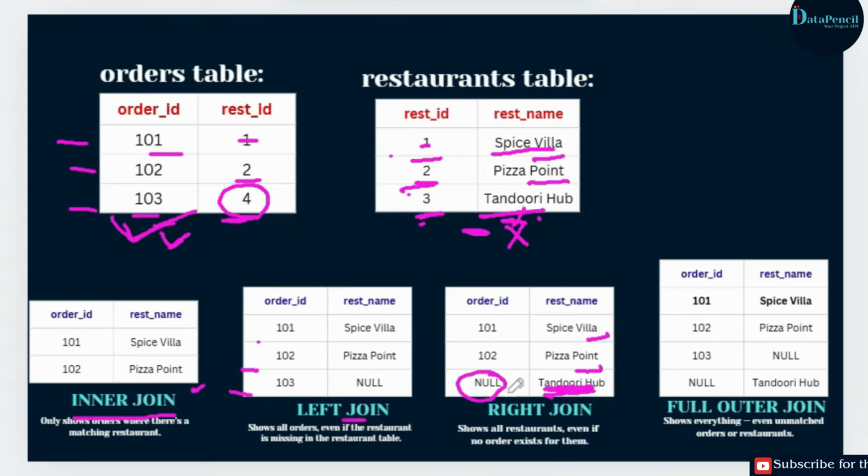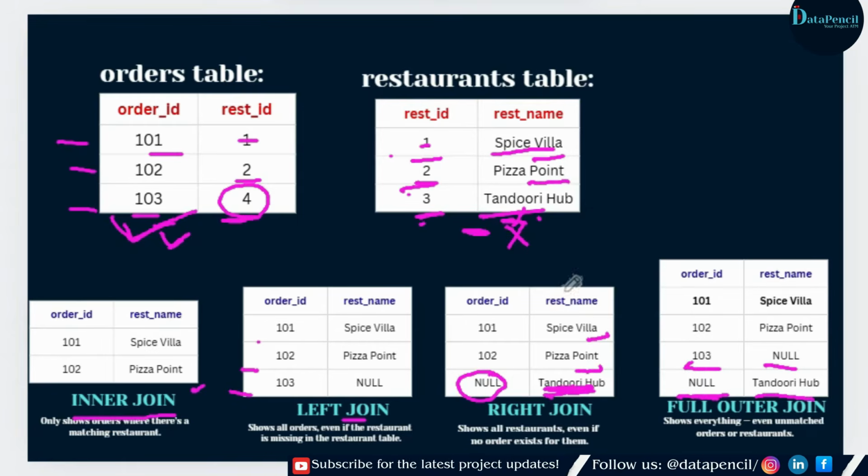Now in the picture, one Dadaji arrives, and he says don't worry anyone, all tables, all rows will appear in the result window. If any value is not matching, then I will simply write null there. Like Tandoori Hub's order ID is missing, so I will show null.